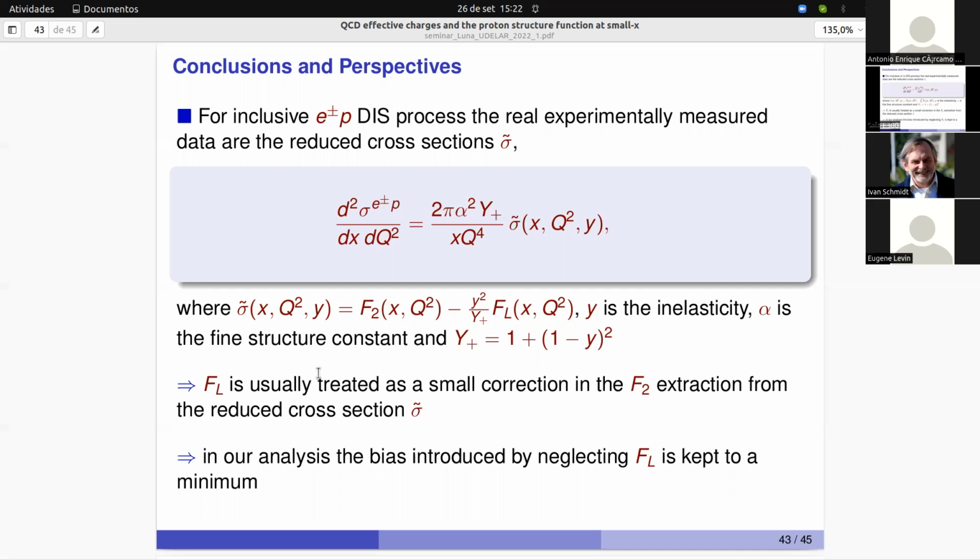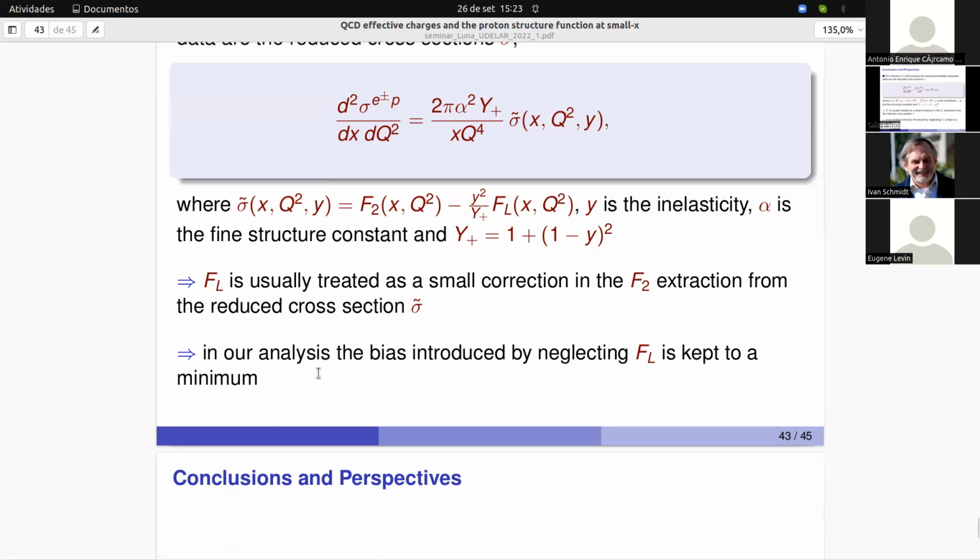So now we want to see how to calculate using this formalism. Is it possible to find some expression for the longitudinal structure function? If yes, we can relax and use a larger quantity of data, and finally use the reduced cross section.